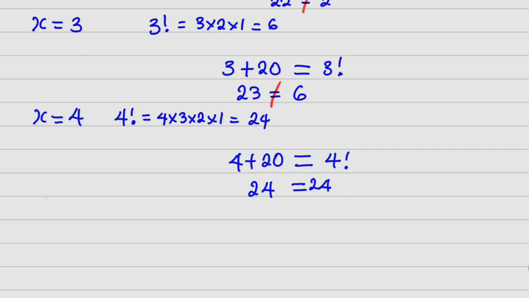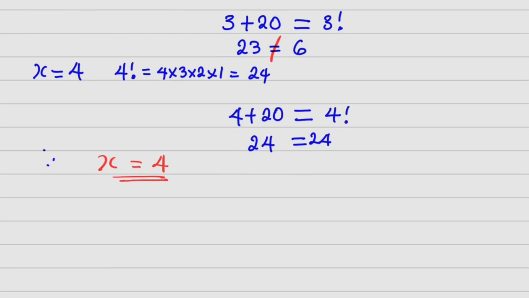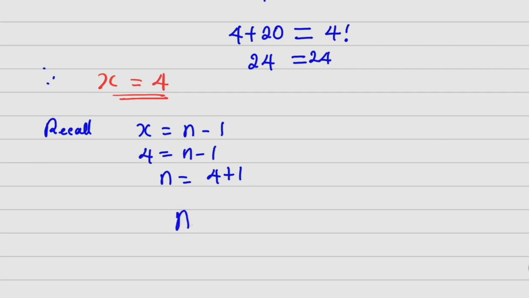So I can now make a conclusion that therefore my x must be equals to 4. Now, since x is 4, that is not my answer. I'm looking for n. But recall that we said let n minus 1 be equals to x. Hence, I have 4 is equals to n minus 1. So n is equals to 4 plus 1. So finally, n must be equals to 5.